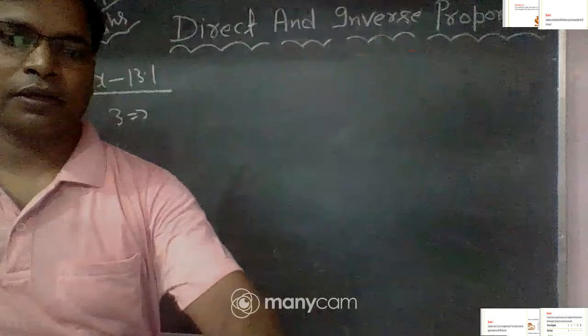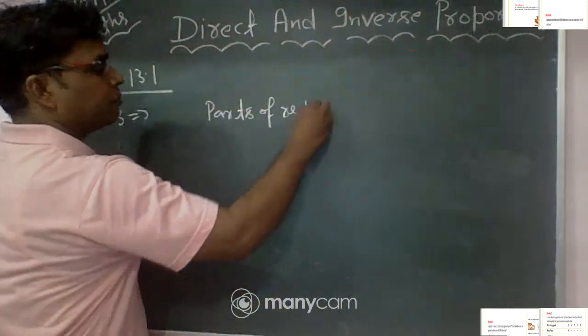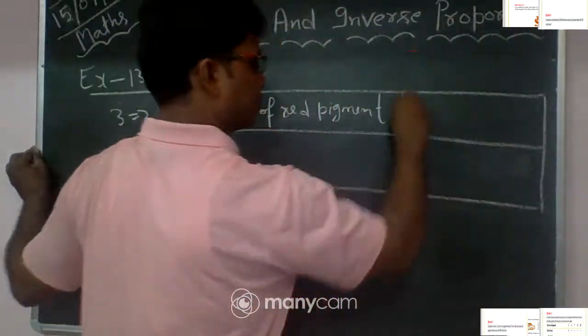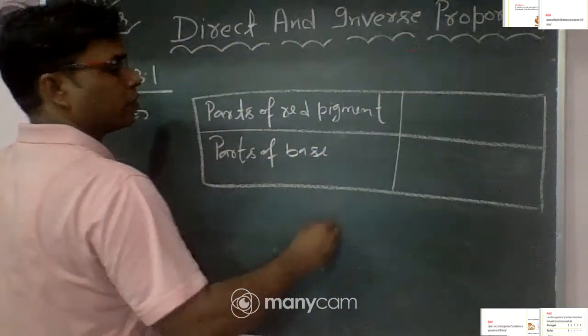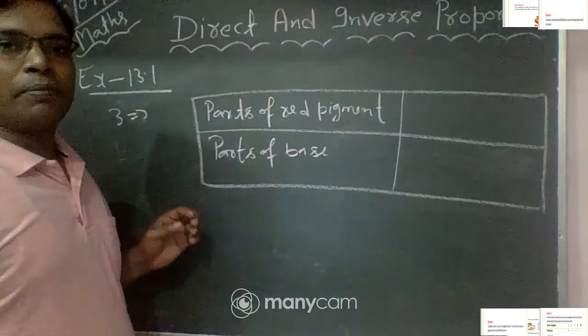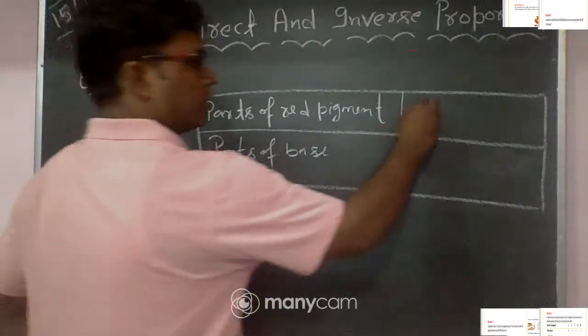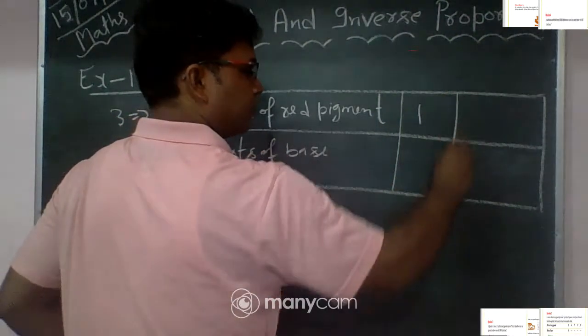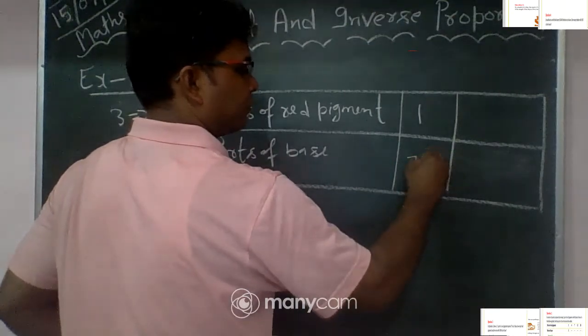Okay, so here the given part of red pigment is equal to 1, and it has 75 base.